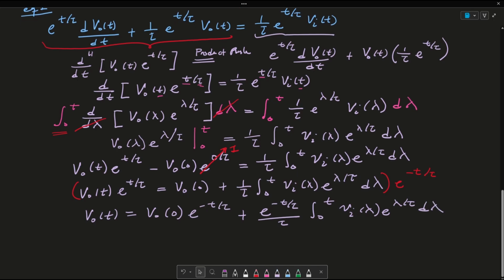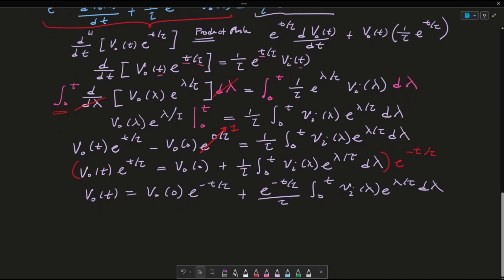Let me move this down just a tad bit here. As you can see, in terms of lambda, this function here is just a constant, so I can move it into my integral.